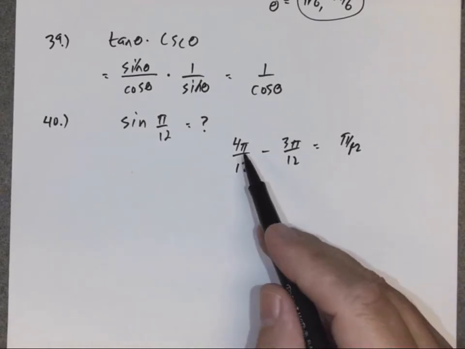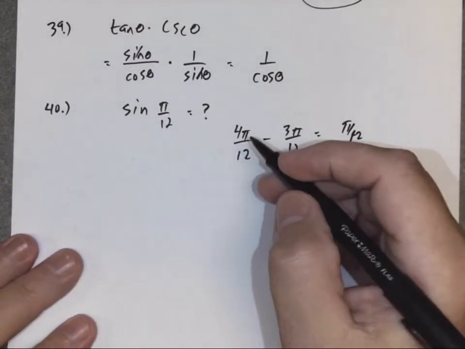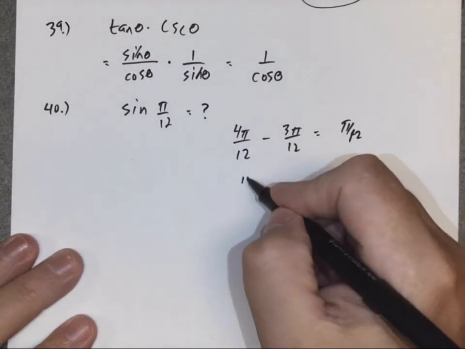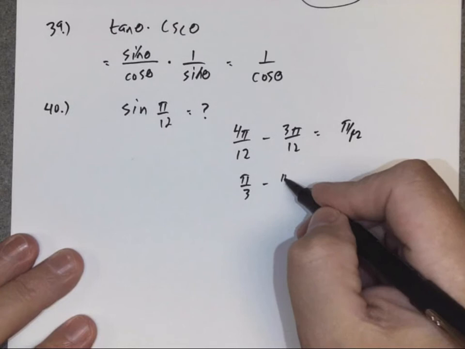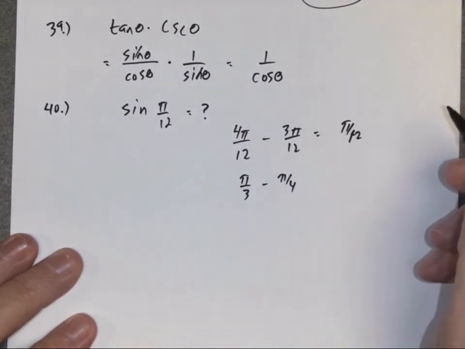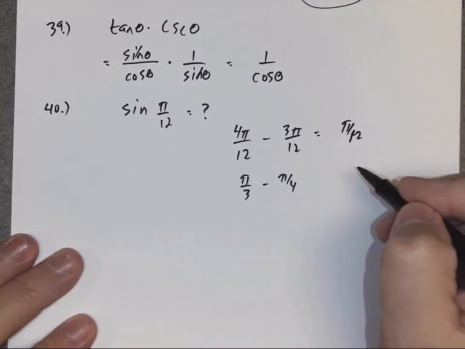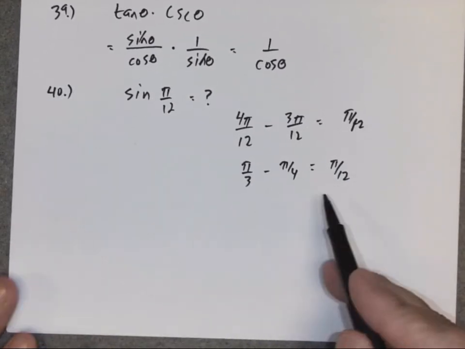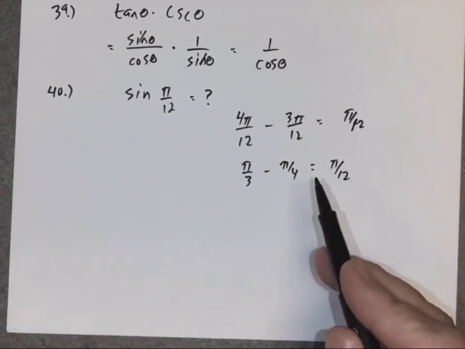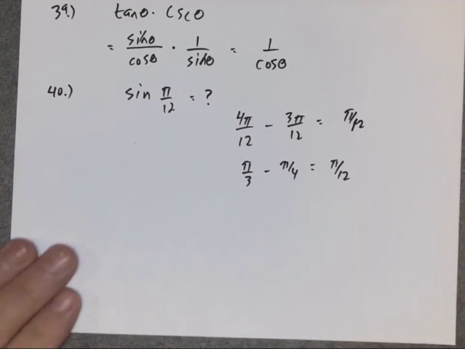But if I look closer at this, 4 pi over 12 is pi over 3. 3 pi over 12 is pi over 4. So really, I can rewrite pi over 12 as pi over 3 minus pi over 4.